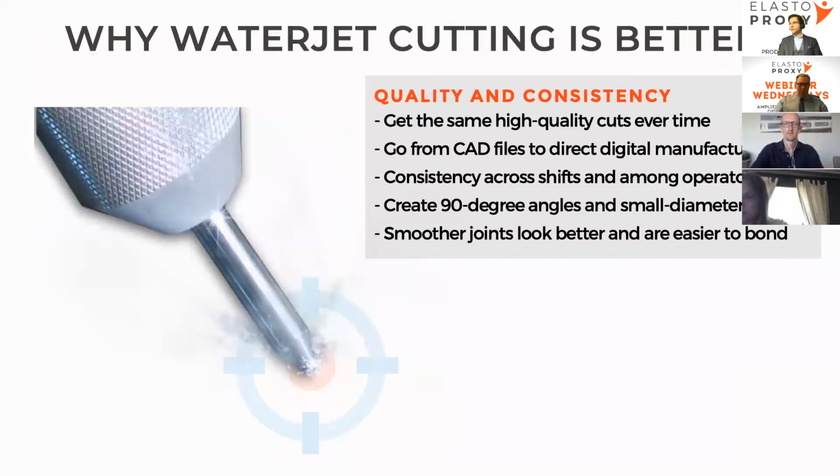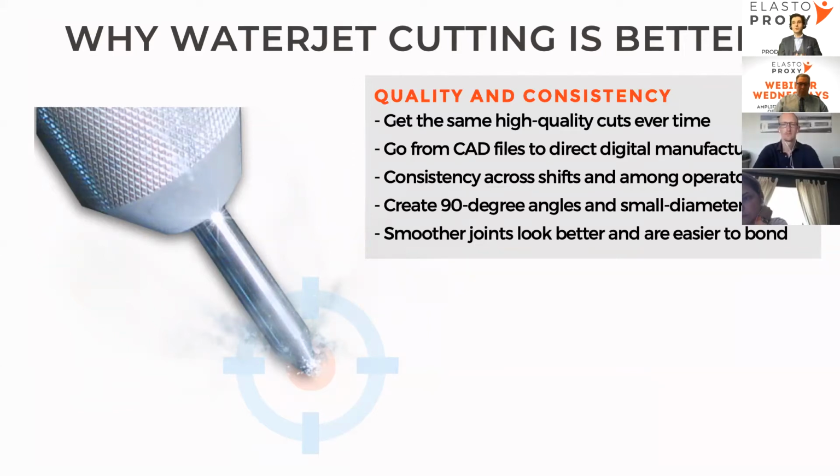So like I mentioned before, the quality and consistency, it's the same cut over and over again. The tooling does not have to be stopped or sharpened to maintain that quality over time. Like it says, CAD files go directly to the machine, it's for digital manufacturing. So from CAD right away to the WATERJET machine, and you can get your cuts done right away.